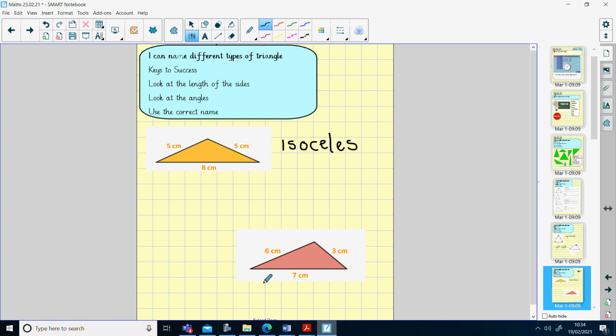So we have a side that is 6 centimetres, one that's 3 and one that's 7. So this is definitely, children, a scalene triangle. Okay, so those are the 4 names that you're going to remember today.